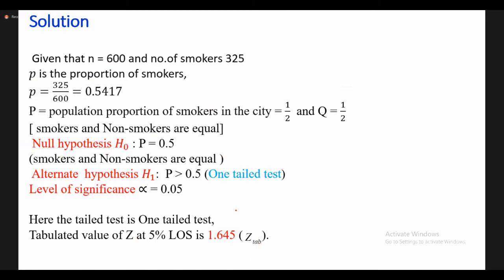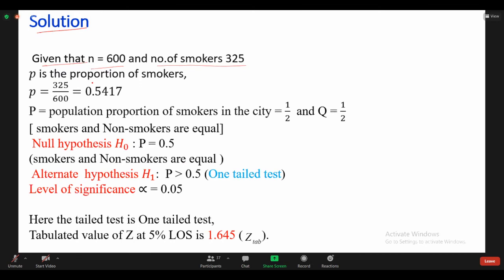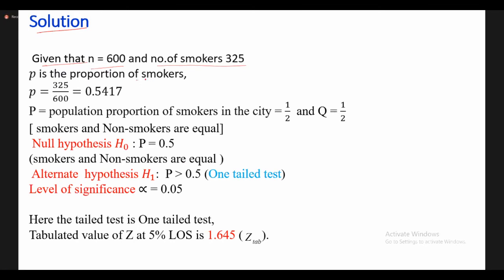Now all of you see the solution part. Given that N is equal to 600 and the number of smokers is 325. Small p is the sample proportion of smokers. Just now I explained how to write small p.